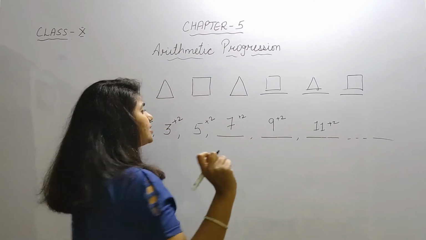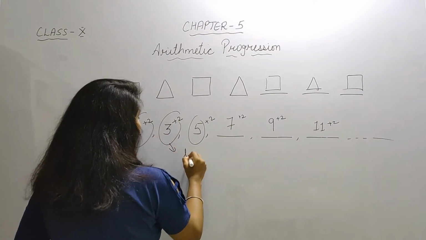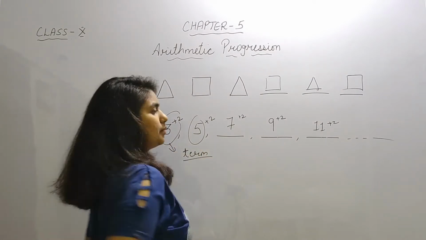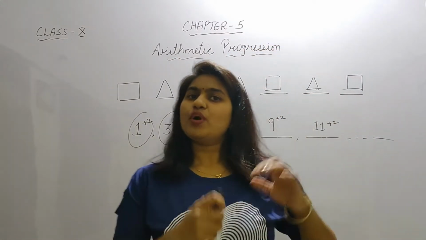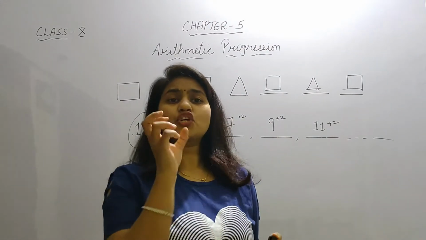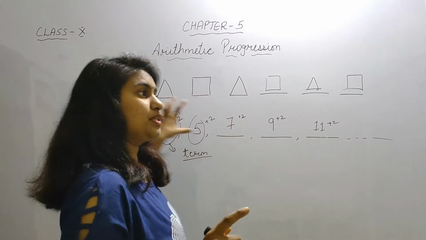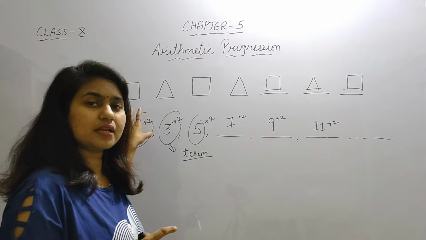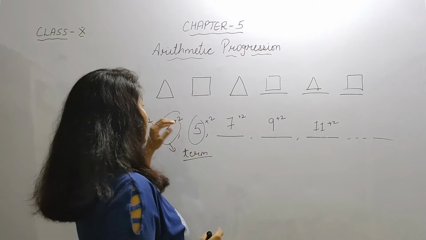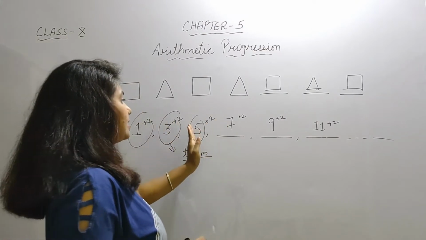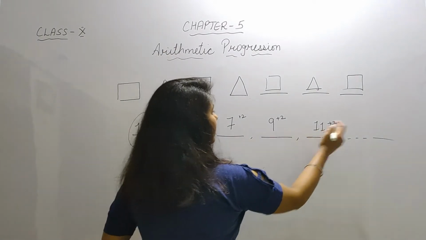Here I just want to tell you, each number in an arithmetic progression we will call a term. We will give it a name. This is called a term. If you add a fixed number, or common difference, to your preceding number, you will get the next term. Except for the initial number, the first number, you are not supposed to add anything there.